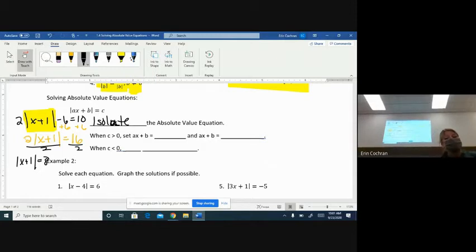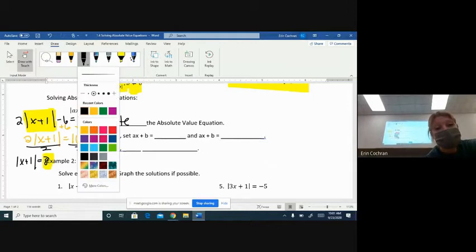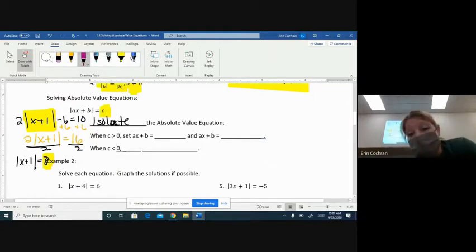Now, when my C, that number on the other side of the equal sign, is greater than 0, so it's a positive number, we have to look at it. This absolute value, what number would get me 8 units away from 0? 8 and -8. So we actually have two answers. When C is greater than 0, we are going to have two answers.